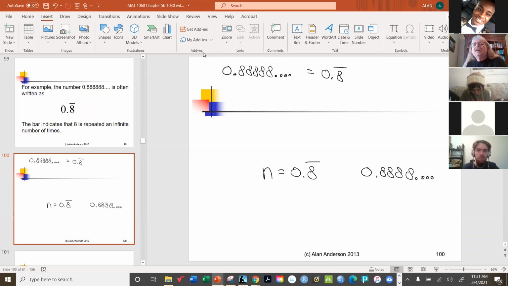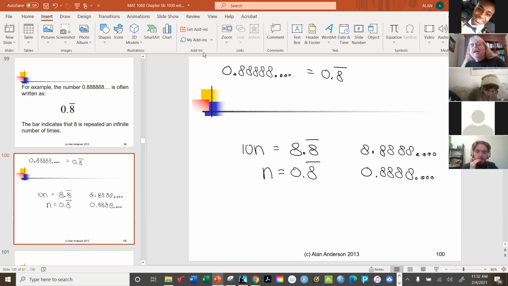Now, what happens if I multiply this by 10? All right, well, over here, that would be written as 8.88888, which you can see is nothing but 8.8 bar. Now, watch this. This is the clever part. I'm going to subtract. And watch what happens. Here I have 9n, but here these drop out, and I'm left with 8.